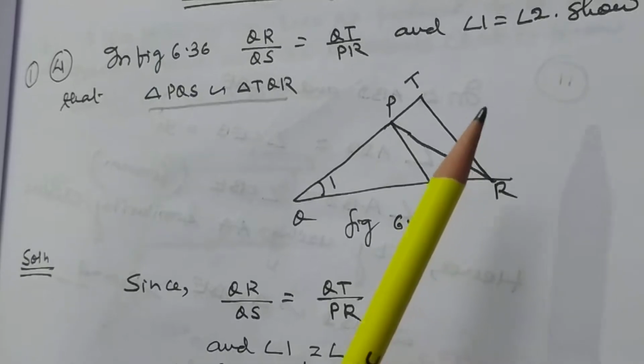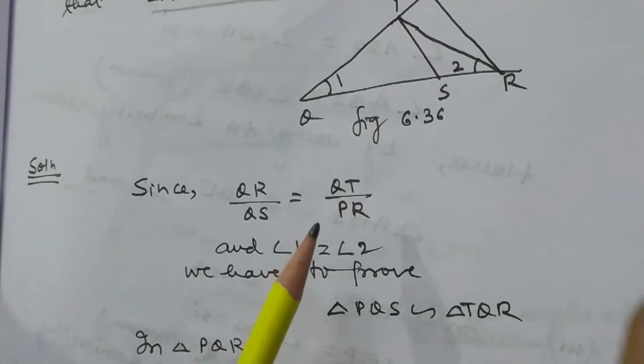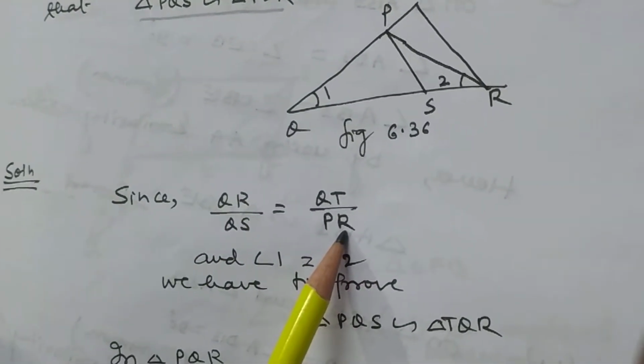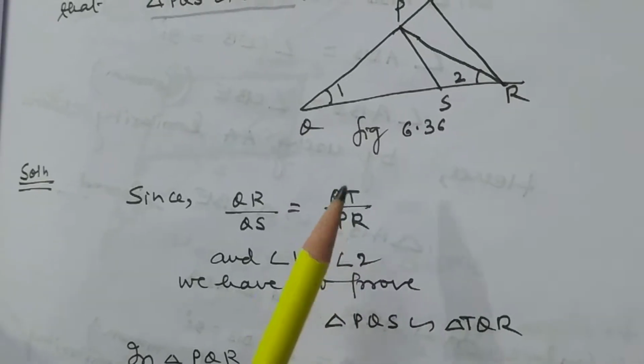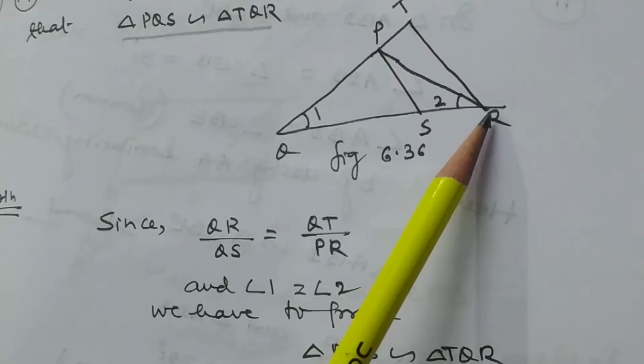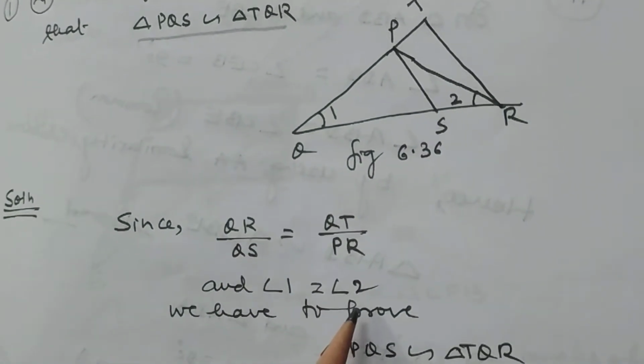PQS similar to TQR. Since QR by QS is equal to QT by PR, it is given in this problem. And angle 1 is equal to angle 2.